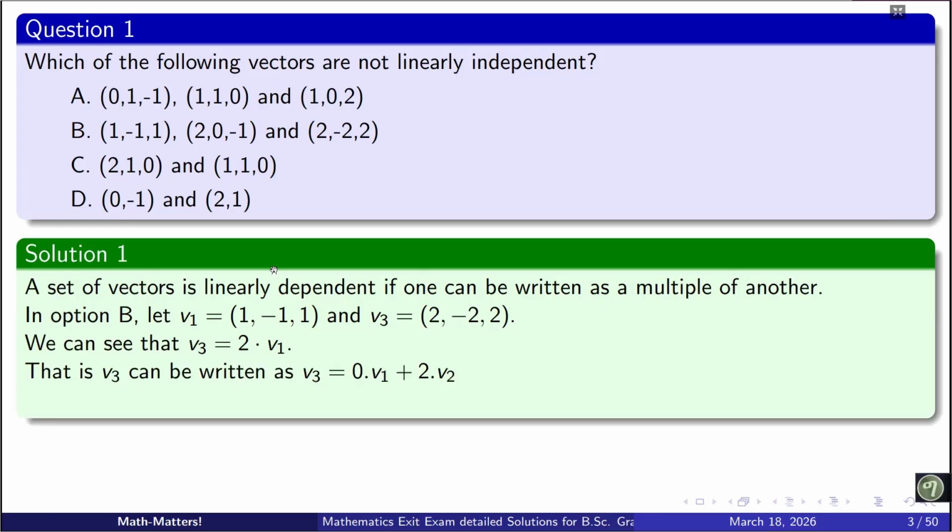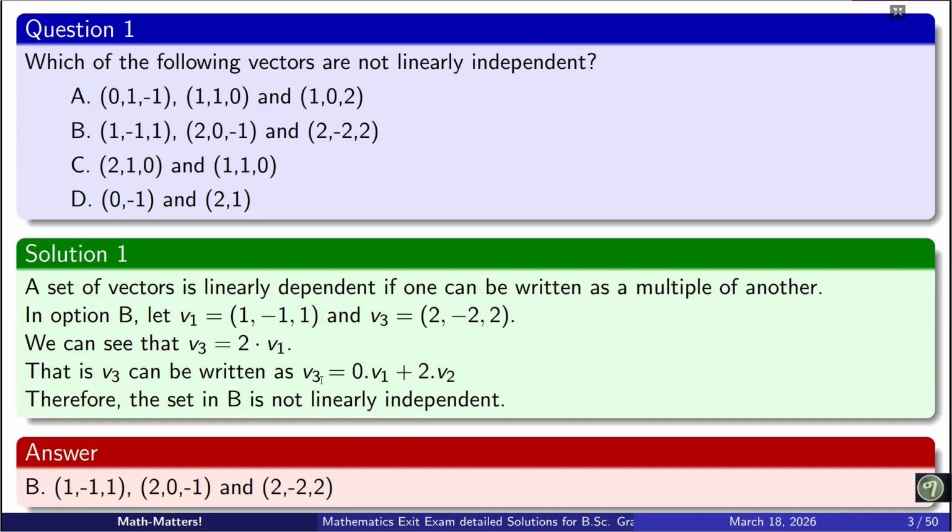So in this case, V3 can be written as a linear combination of the other two, that is simply 0 times V1 plus 2 times V2. So in this case, the set is not linearly independent. That means they are linearly dependent vectors. Therefore, the answer for this question will be B.